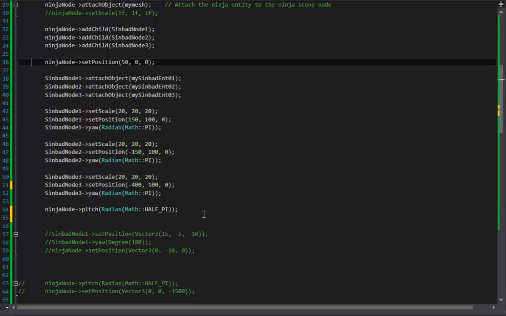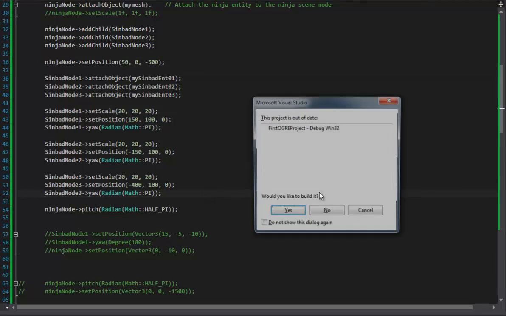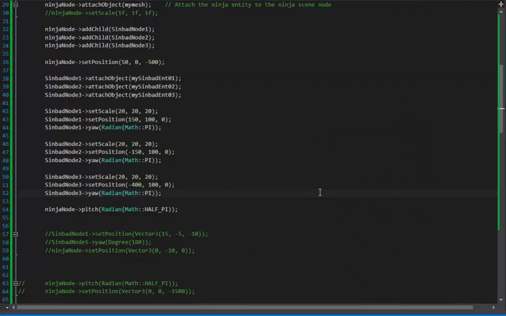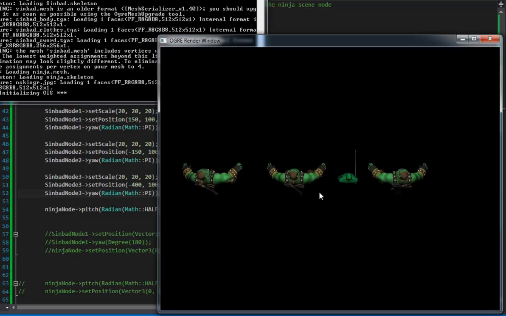So set position is 50 units, and I want them to go away from the camera, so that would mean a negative z-axis. And then we compile and run, and we'll see what happens. Okay, this is actually pretty good.